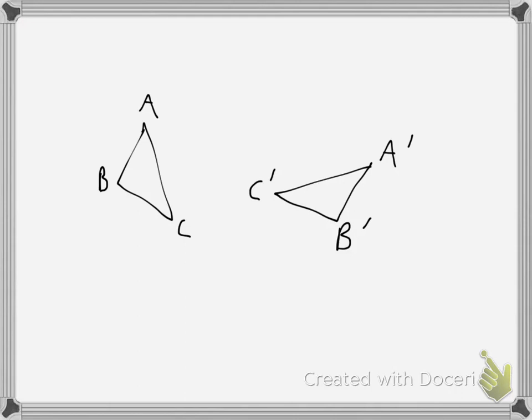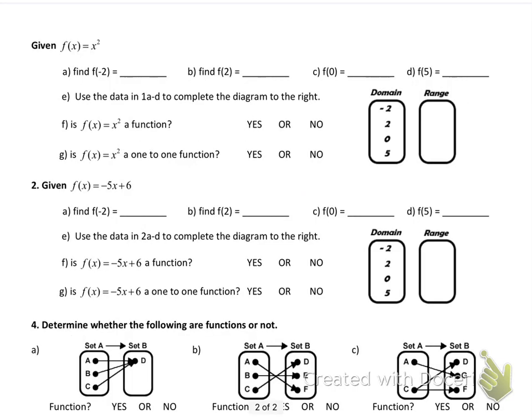ABC or A prime, B prime, C prime? ABC. That's the preimage. A prime, B prime, C prime is the image. And I tell you this now because sometimes that's the only information you're given. And then the question might be, what is the transformation? Okay?